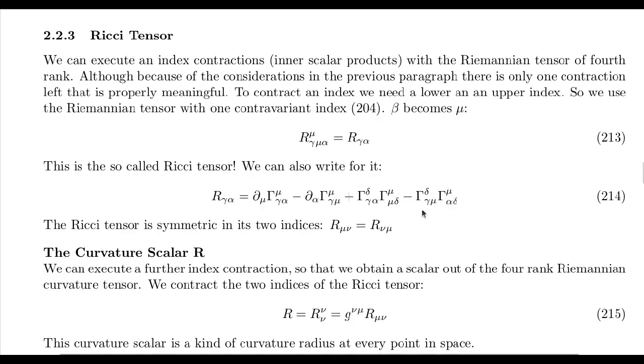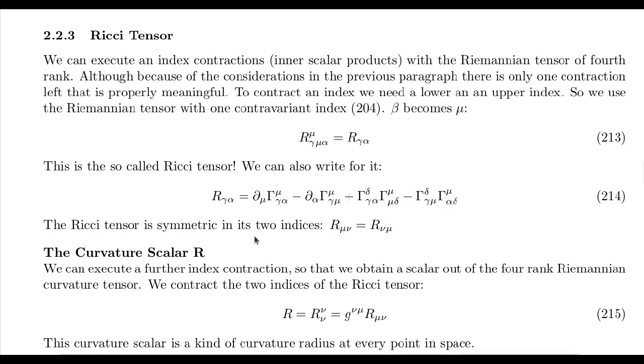Because we had a symmetry in the first two and with the last two indices, and this is one index of the first two and one index of the last two, we have a normal symmetry in the two indices of the Ricci tensor. R mu nu is the same as R nu mu.